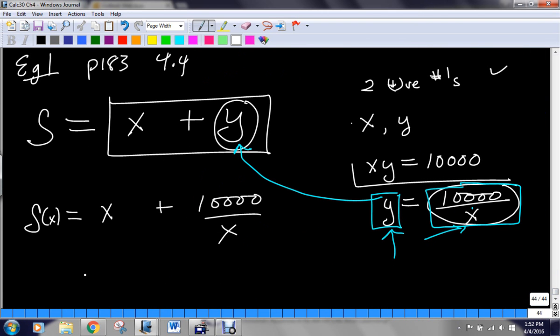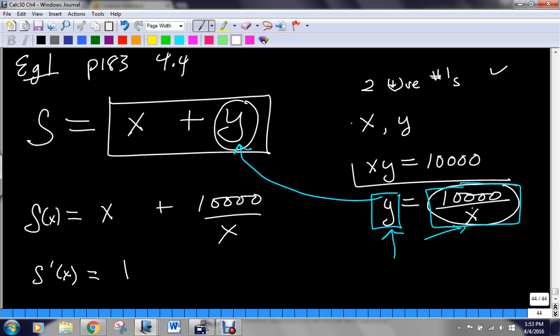Let's take the derivative of this. Now x is our preferred variable, right? We're actually doing ds over dx, so x is the preferential variable. So the derivative of x is 1. Remember that. And if we do this, this is quotient rule.